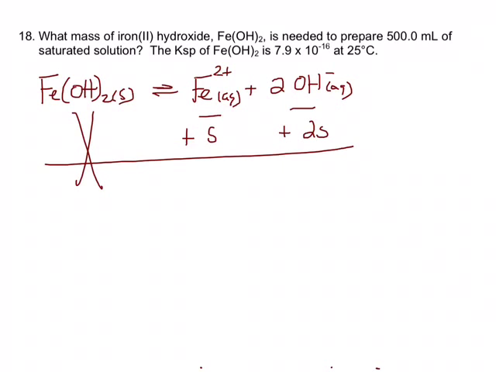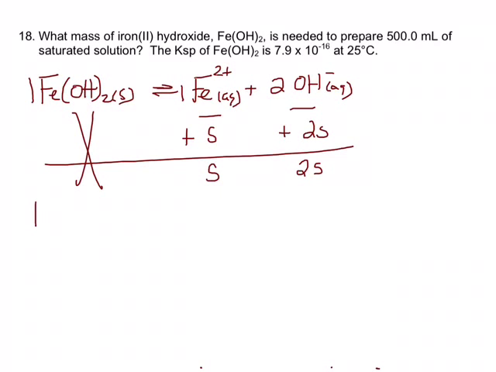The 1-to-1 ratio between the salt and the iron in this equation tells me that the concentration of iron in the saturated solution will equal the number of moles per liter of the salt that dissolved. In other words, iron's concentration is the solubility of the salt. The hydroxide concentration in the saturated solution is 2 times the solubility of the salt.